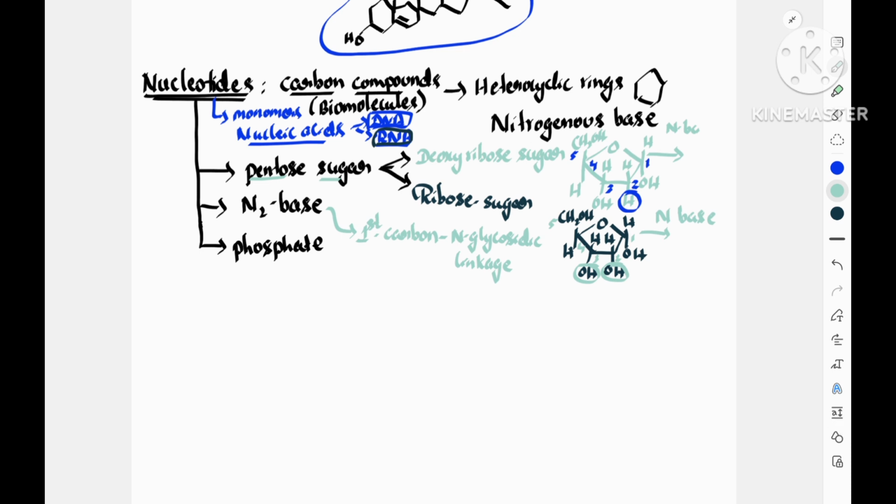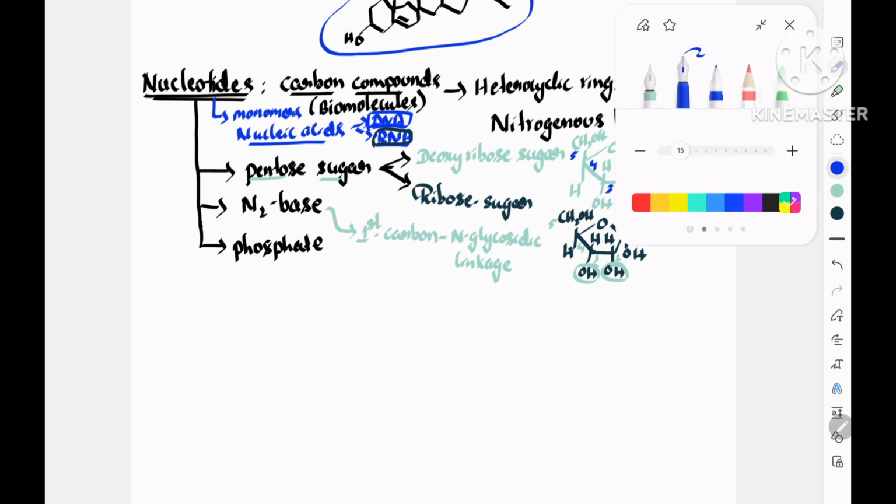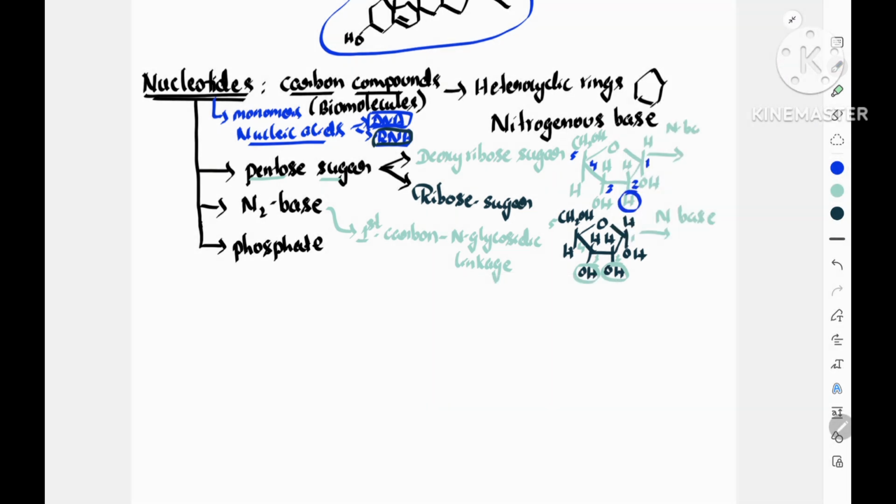The nitrogenous bases present in DNA and RNA are of two different types: purines and pyrimidines. Purines are the nitrogenous bases which contain two heterocyclic rings in them.